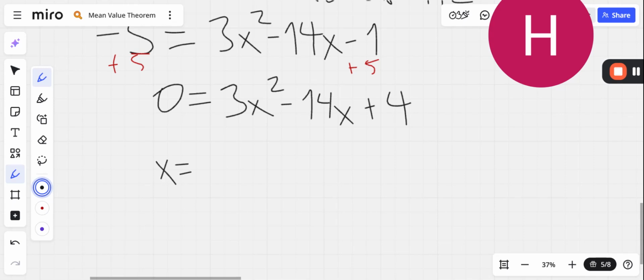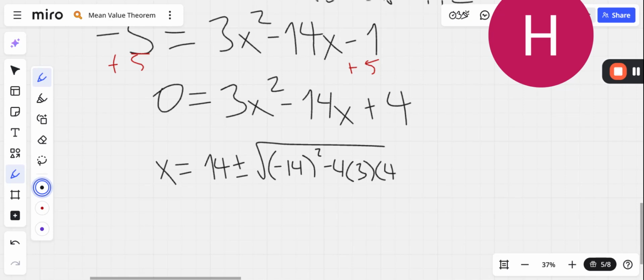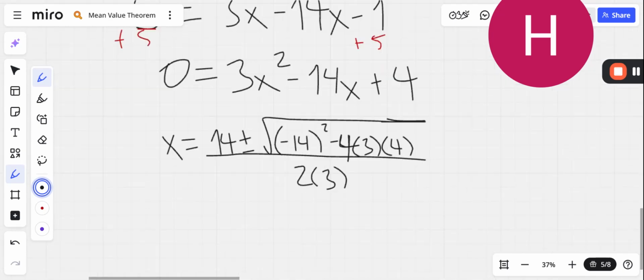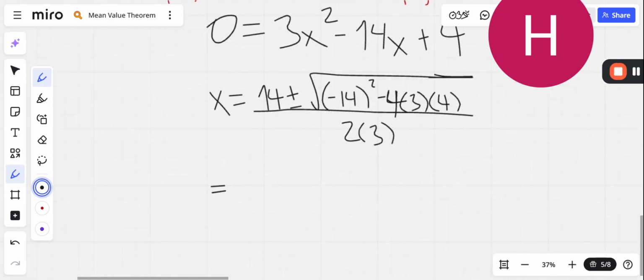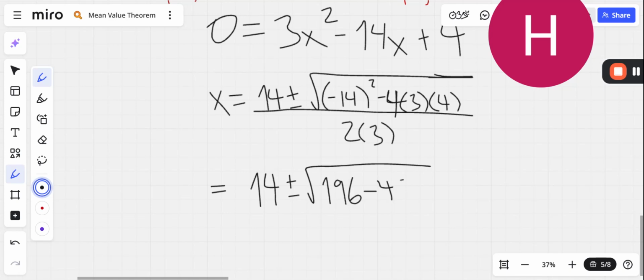So x equals positive 14 plus or minus the square root of negative 14 squared minus 4 times 3 times 4, all over 2 times 3. 14 plus or minus, this square is 196, and we're subtracting 48, all over 6.